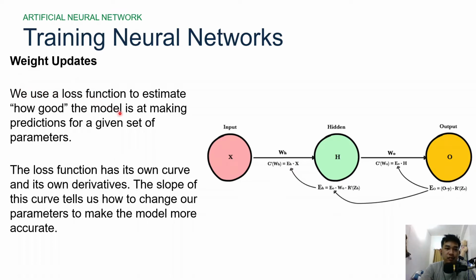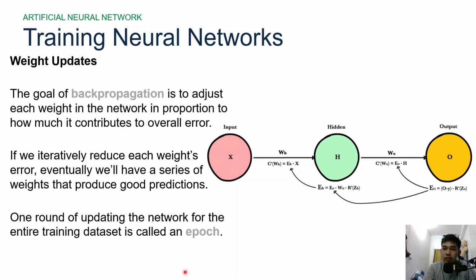So we use a loss function to estimate how good the model is at making predictions for a given set of parameters. Then the loss function has its own curve and its own derivatives. Then the slope of these curves tell us how to change our parameters to make the model more accurate. So it's gonna change until it will yield more accurate results.